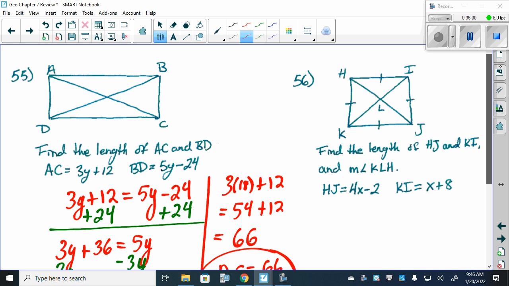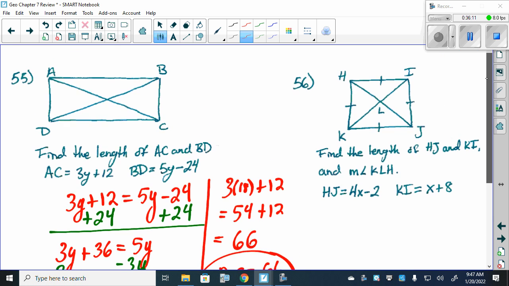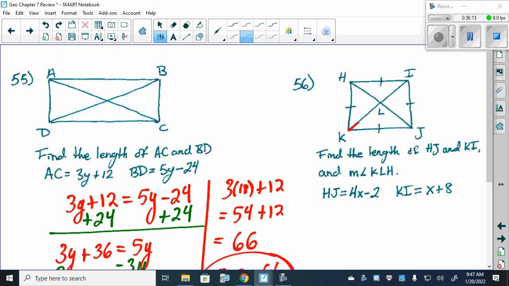HJ and KI is going to be the exact same thing we just did. Now the measure of angle KLH, I would scroll down. Angle KLH is going to be a right angle.